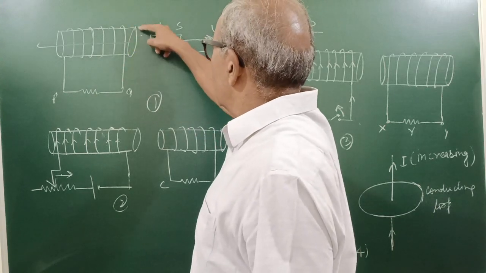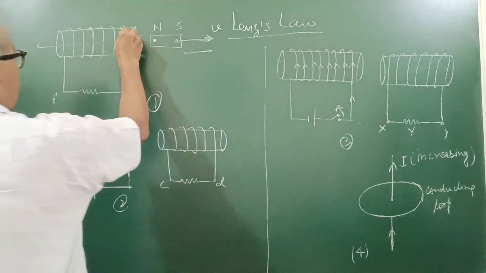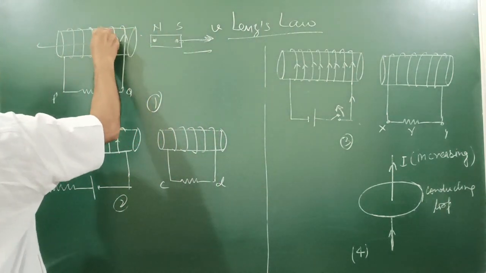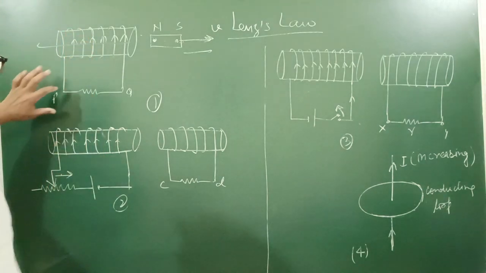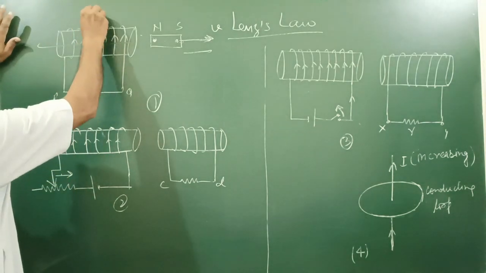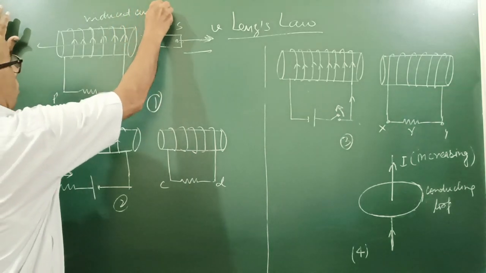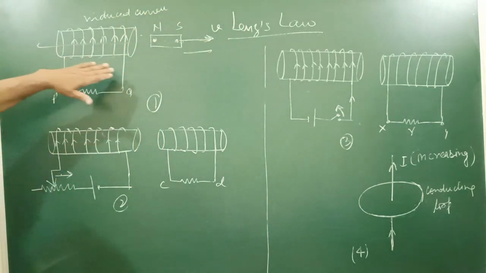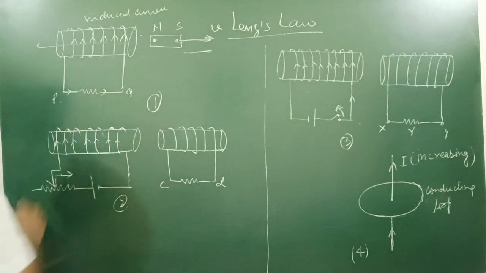For a south pole, the current should be clockwise. So here current will be flowing like this. This is the induced current due to the motion of the magnet going away, so in the wire it will flow from P to Q.